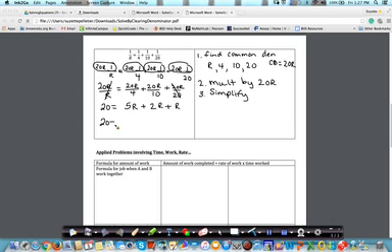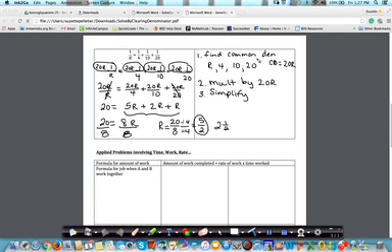Go ahead and add those together. 5r plus 2r is 7 plus 1 more is 8r, and then divide both sides by 8. 20 divided by 8 does not come out evenly, but it certainly does reduce. Both of those divisible by 4. 20 divided by 4 is 5, and 8 by 4 is 2. So we get 5 over 2, or 2.5 as our answer.